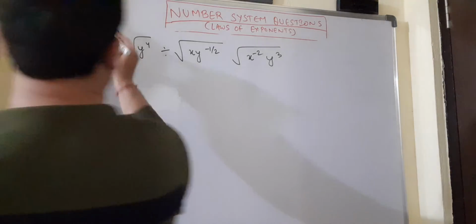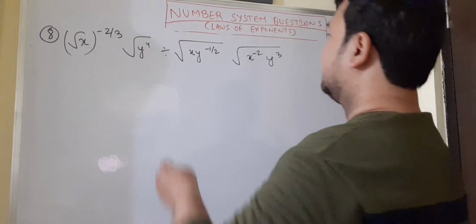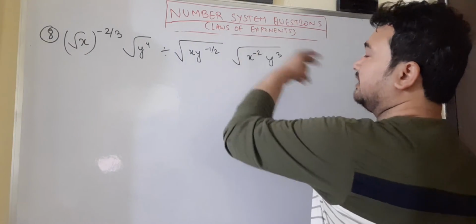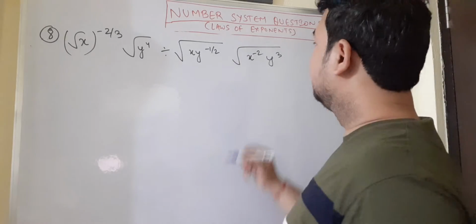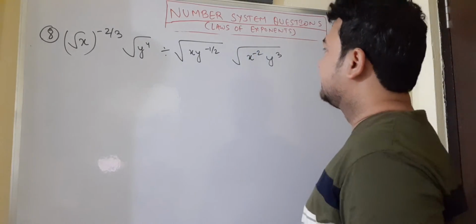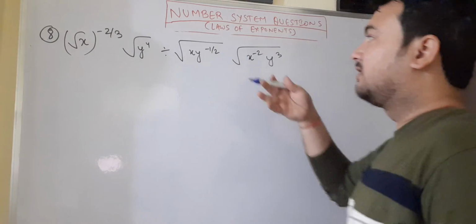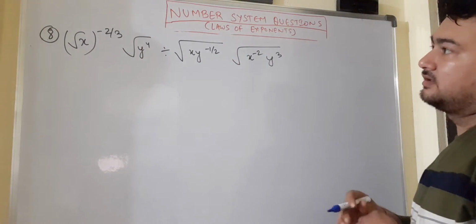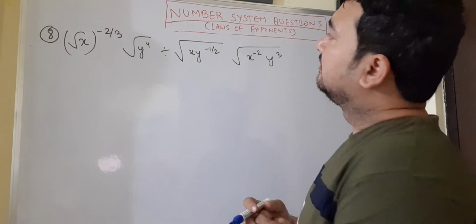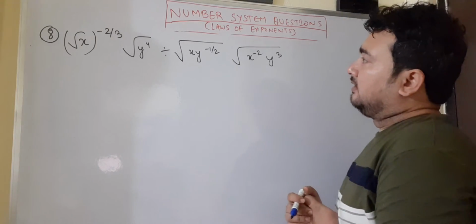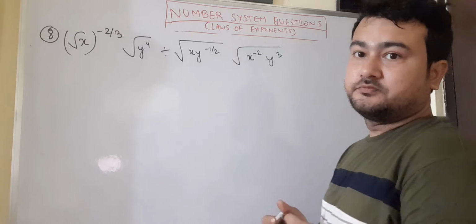See, the sum has mixed roots and exponents, so it's better we convert it into the exponential form so that our way of solving it will be easier.